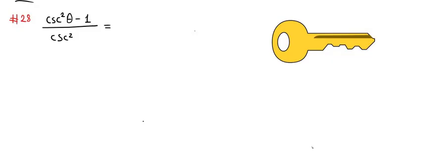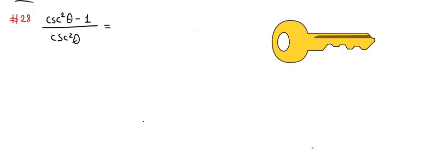Problem number 28. We have cosecant squared theta minus 1 over cosecant squared theta. We have a few directions in this problem, which will yield the same answer. We can express everything in terms of sine and cosine and then do the algebra, or we can use the Pythagorean identity for cosecant squared theta and then do the simplification.